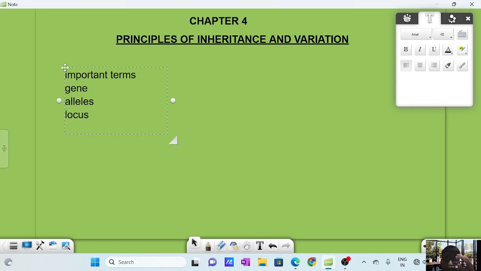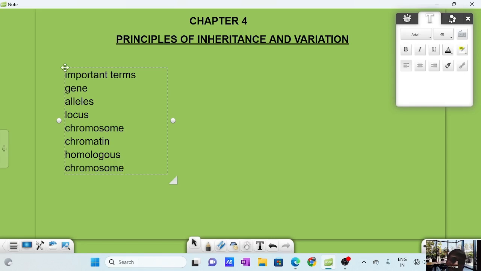Then we will be learning what is a chromosome, then chromatin, then homologous chromosome. In place of chromosome, I will be writing this hash sign.